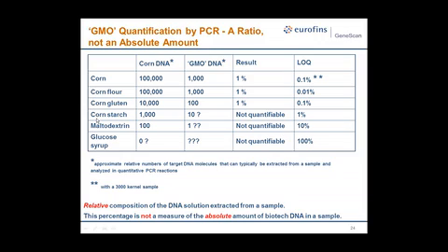However, when you go from corn to something like corn starch, the production process that makes the starch that you want to sell and use also washes away almost all the DNA.